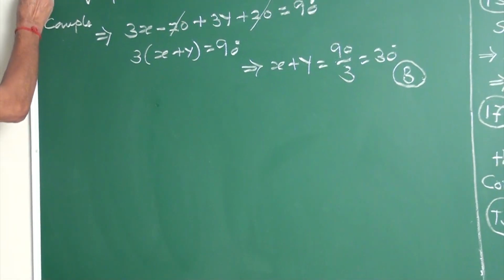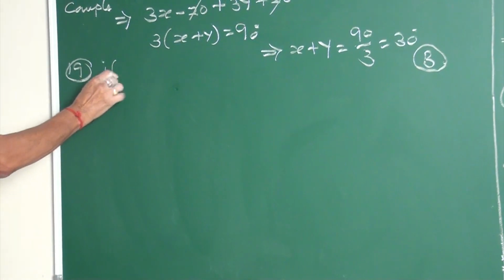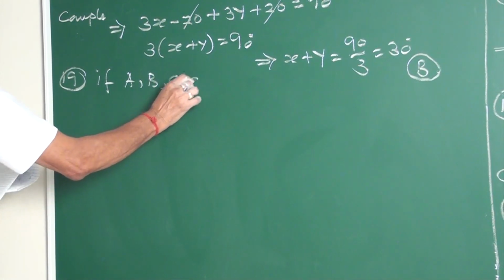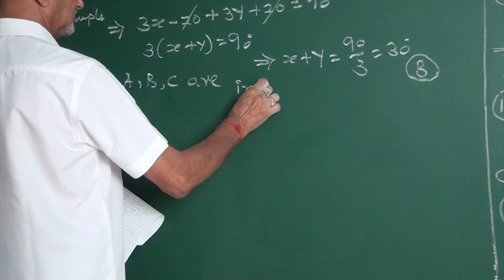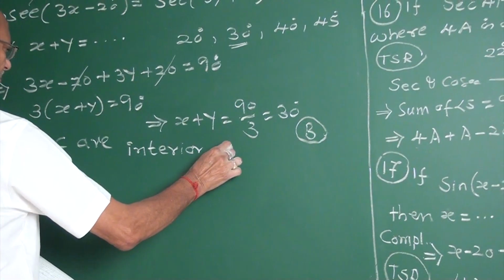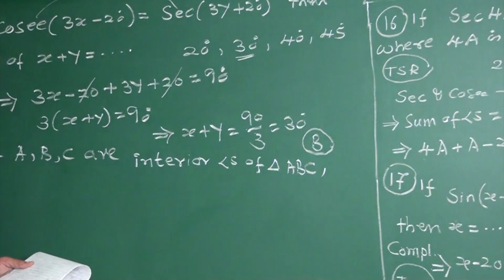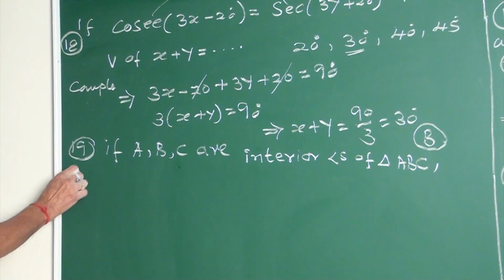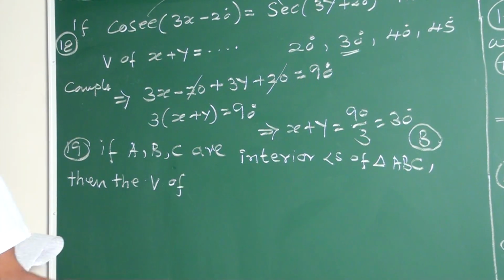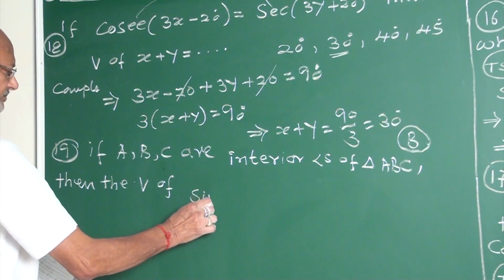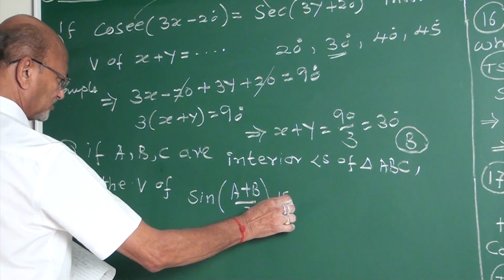This is question 18, 19. If A, B, C are interior angles of a triangle ABC, then the value of sine of (A plus B) by 2 is a dash.